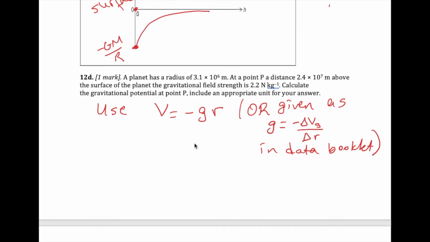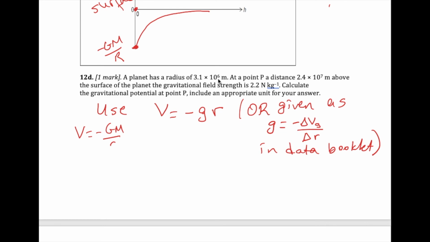12D asks us to calculate the gravitational potential. Now we have this expression from above. Even if you can't make that link in the exam, you might want to use V equals minus GM over r. However, you don't know the mass of the planet.